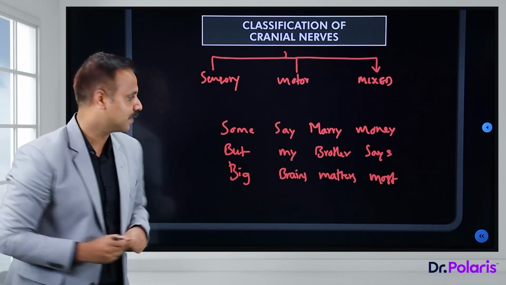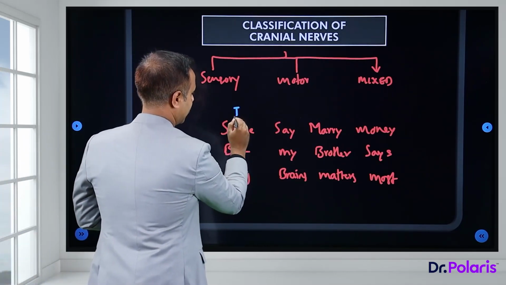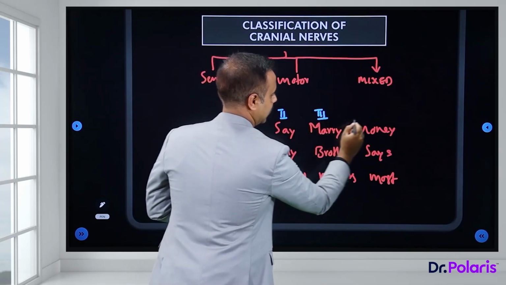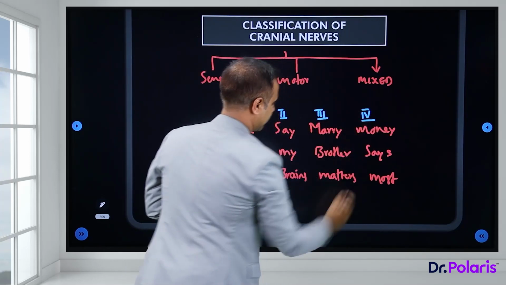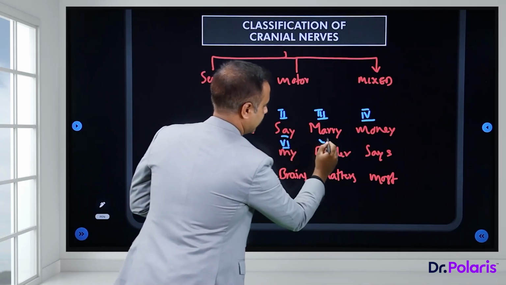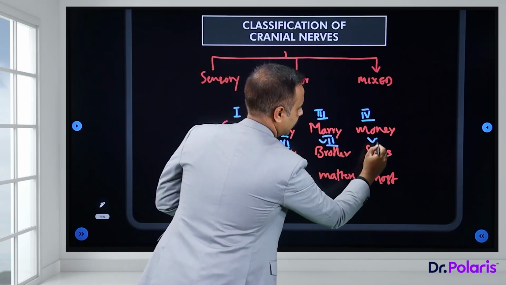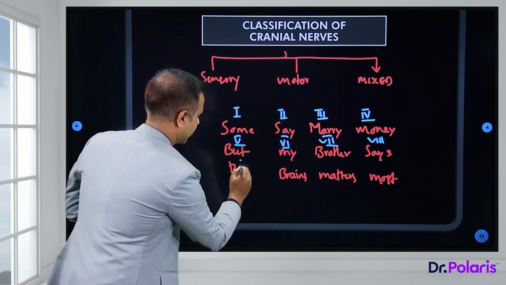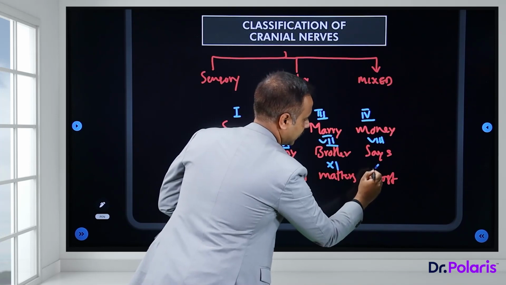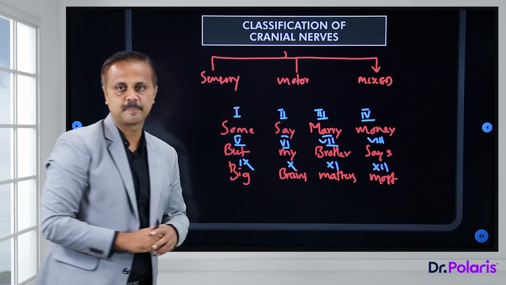Now, let's try to write it down. So, we have the first cranial nerve, the second, we have the third, then we have the fourth, we have the fifth, sixth, we have seventh, eighth cranial nerve. Here we have the 9th, 10th, 11th, and 12th.